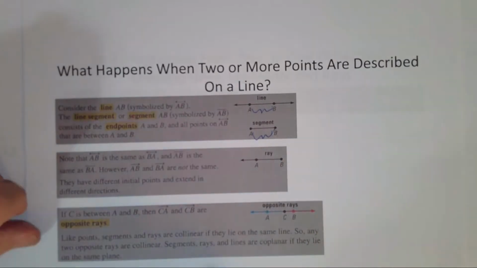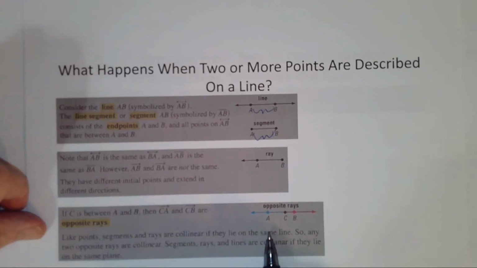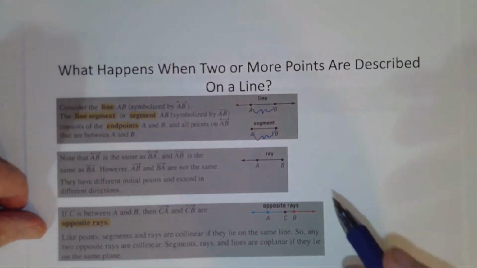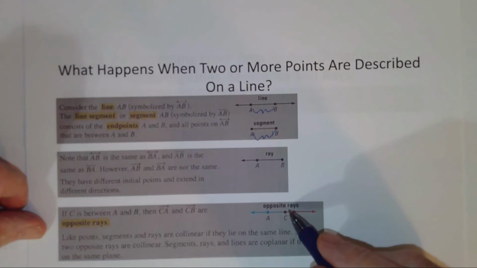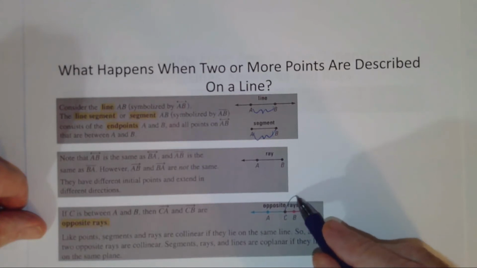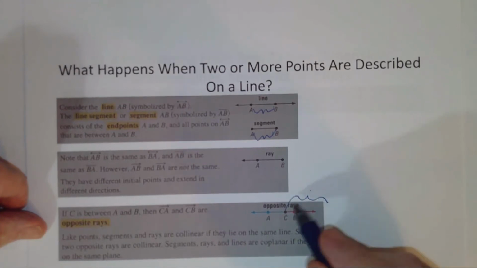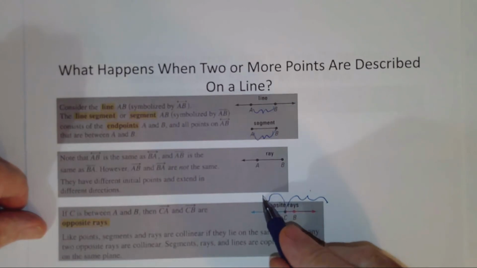Now, here you've got a line that has 3 points on it, C being the middle point. So what they're saying there is, okay, what you have is opposite rays. One goes this way, one goes this way, okay?